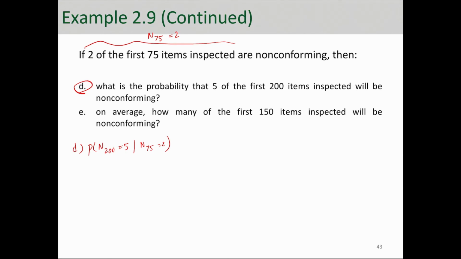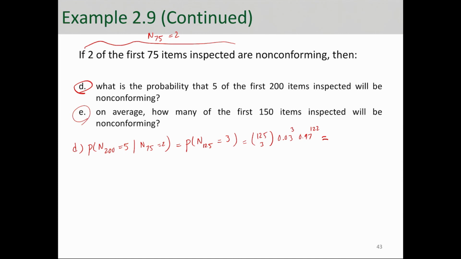It's the first 75 of that. So after the 75 inspections, you're left with 125 more inspections, and you're looking for 3 more successes. So you can calculate that: 125 choose 3 times 0.03, the probability of success, to the 3, times 0.97 to the 122. I leave the math for you to calculate here.